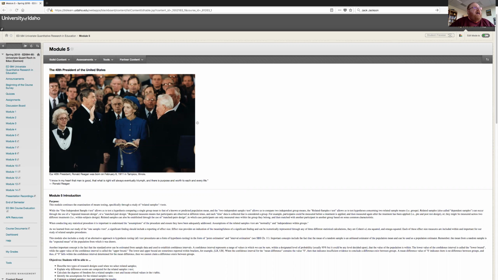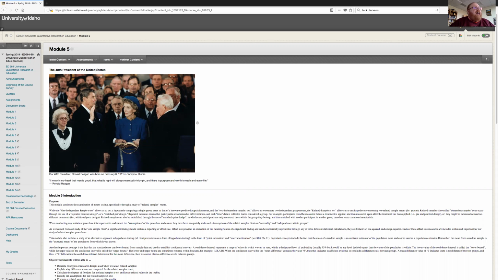From our previous learning module, the one independent sample t-test allows us to test a hypothesis comparing a single group mean to that of a known or predicted population mean. And then the two independent sample t-test allows us to compare two independent group means.